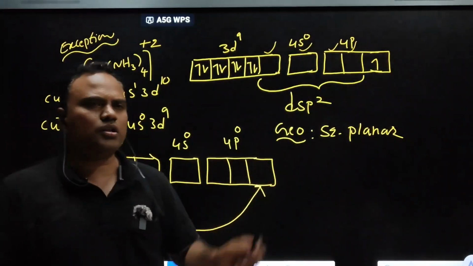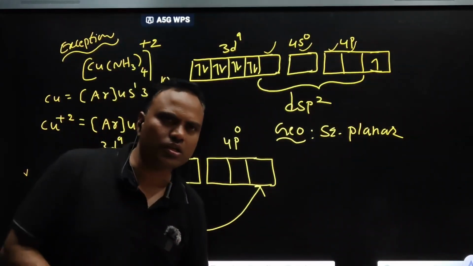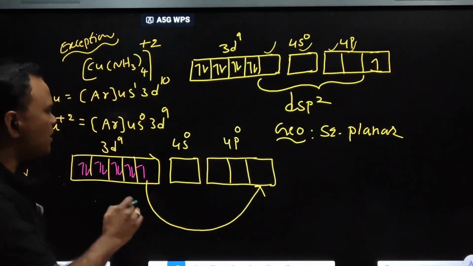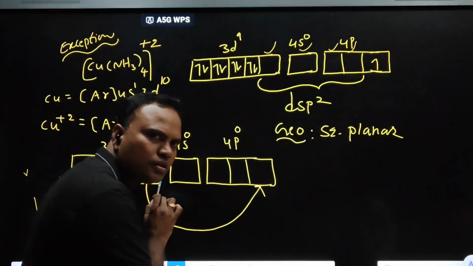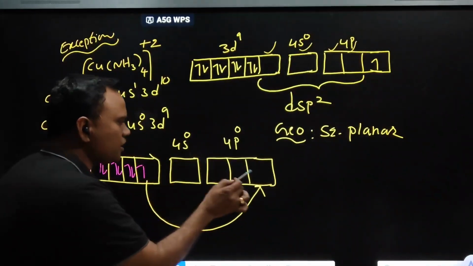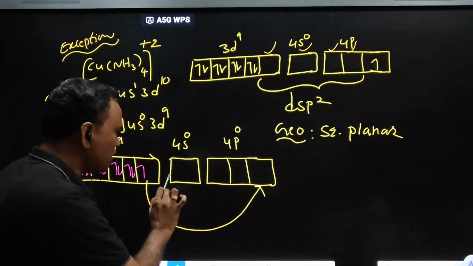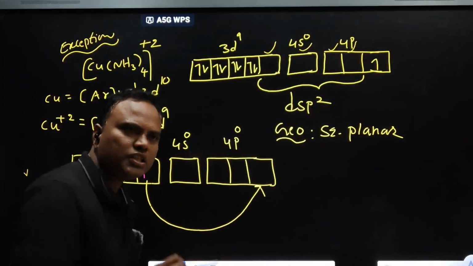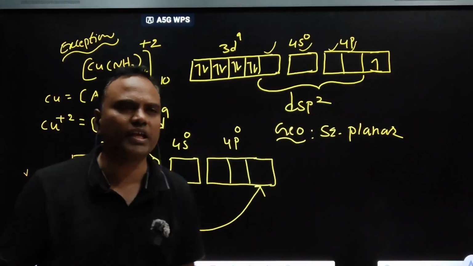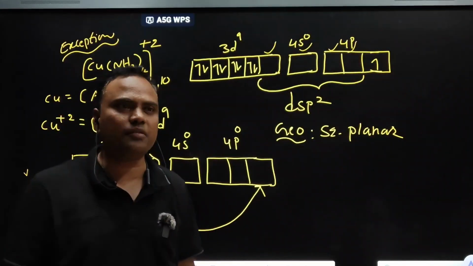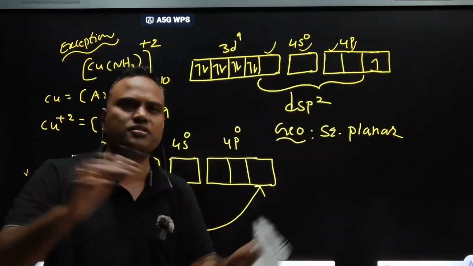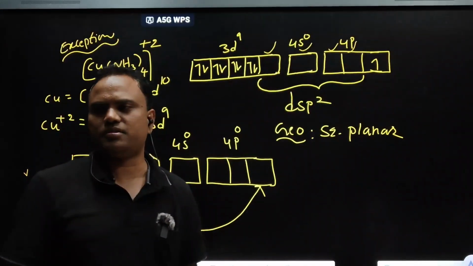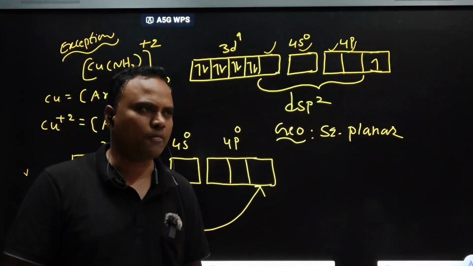Square planar molecule is a stable molecule. For example, instead of sending this electron into P, if you write sp3, what is the geometry? Tetrahedral. Tetrahedral means non-planar. Non-planar means repulsion will take place between orbitals.